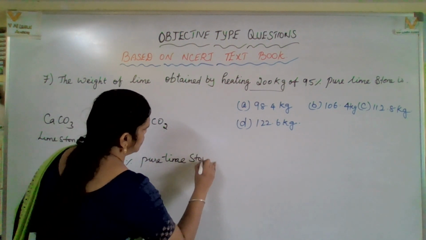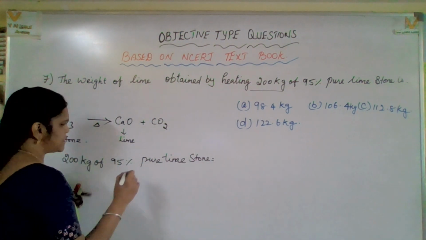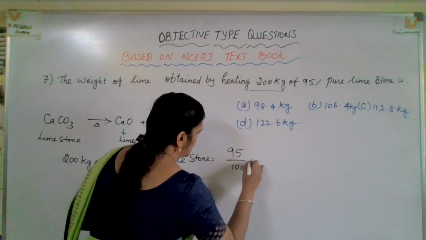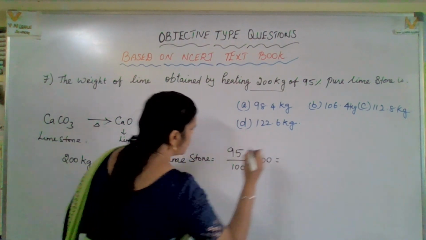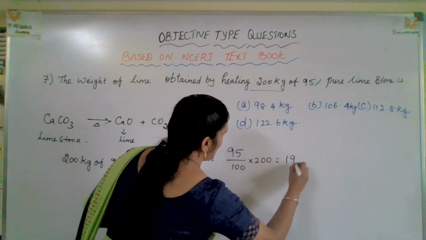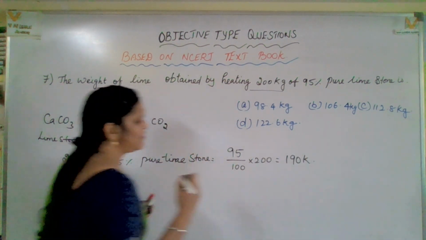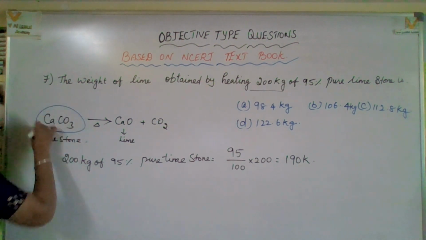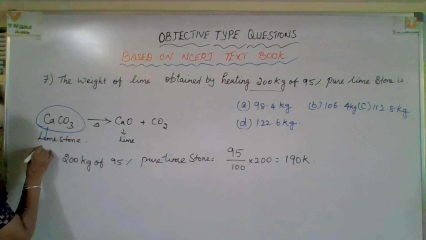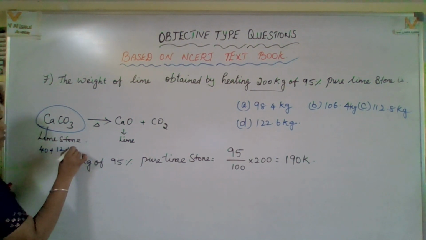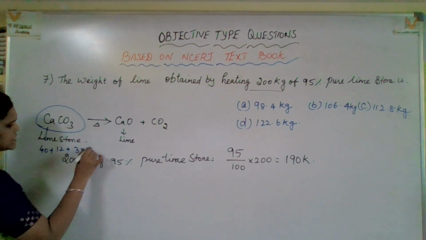They have given the percentage, that means 95 divided by 100 into 200. So how much have they taken? Actually 190 kg they have taken. Now come to this point. What is the molecular mass of calcium carbonate? Here 40 plus carbon 12 plus oxygen 3 into 16.